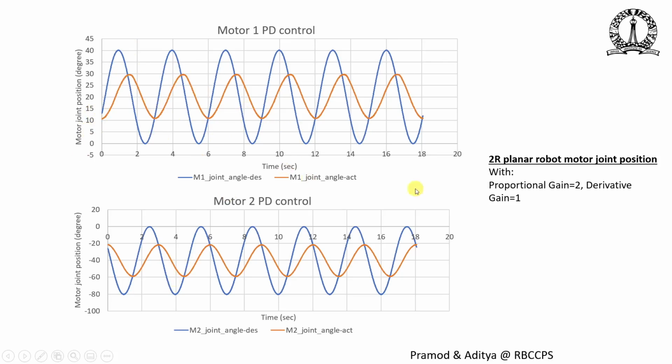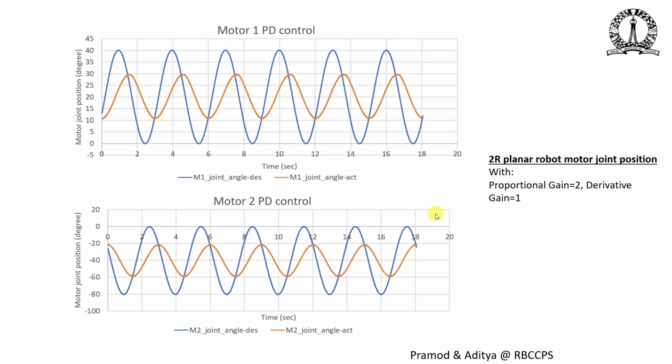If you use a proportional gain of 2 and a derivative gain of 1 for these two motors, the achieved joint trajectory is this orange line. Clearly it is not doing a good job with these controller gains, KP equals 2 and KD equals 1. So let's increase the controller gains.